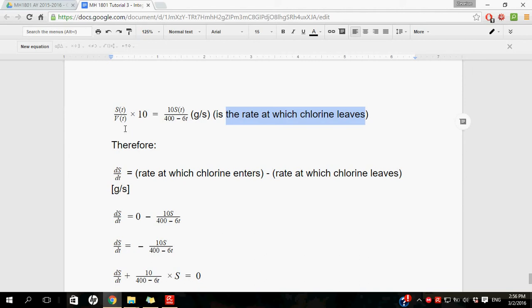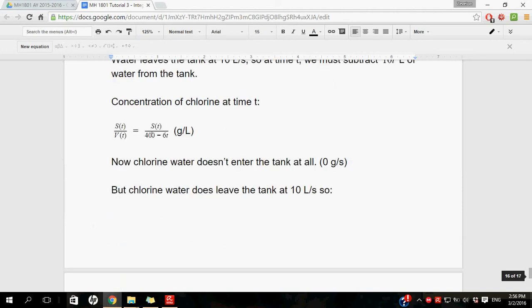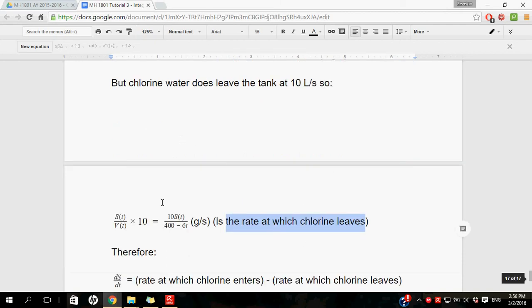So looking at our formula, we have the concentration of chlorine in the tank, which is constant throughout because the mixture is constantly stirred, times the rate at which the water with chlorine leaves the tank. It is the concentration given by this formula, in units of grams per liter, times the rate at which chlorinated water leaves the tank.